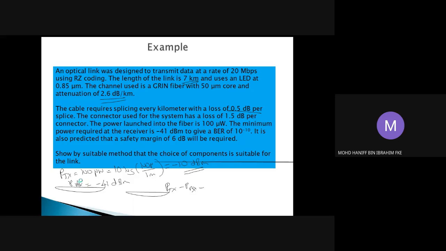The value of this difference between transmit power and receive power should be equal to -10 minus -41, and this will give us about 31 dB.